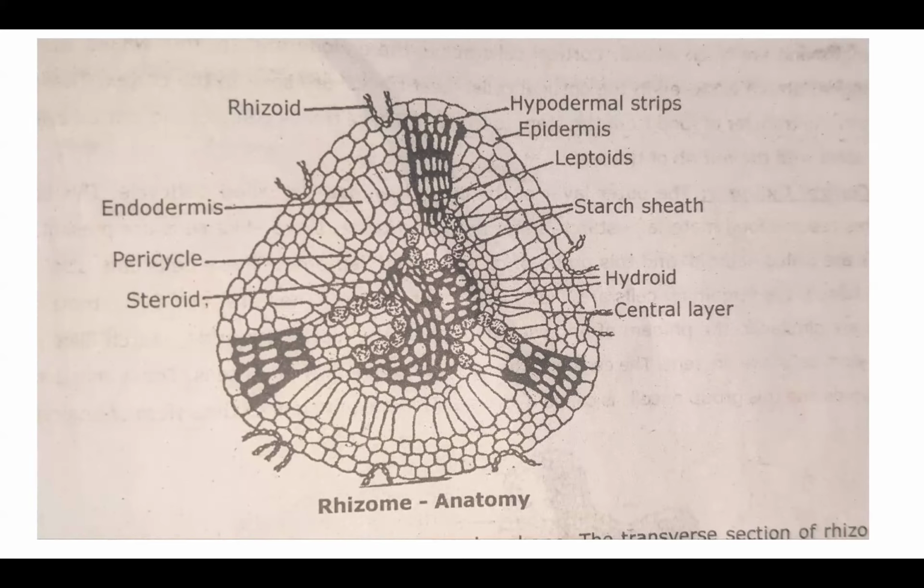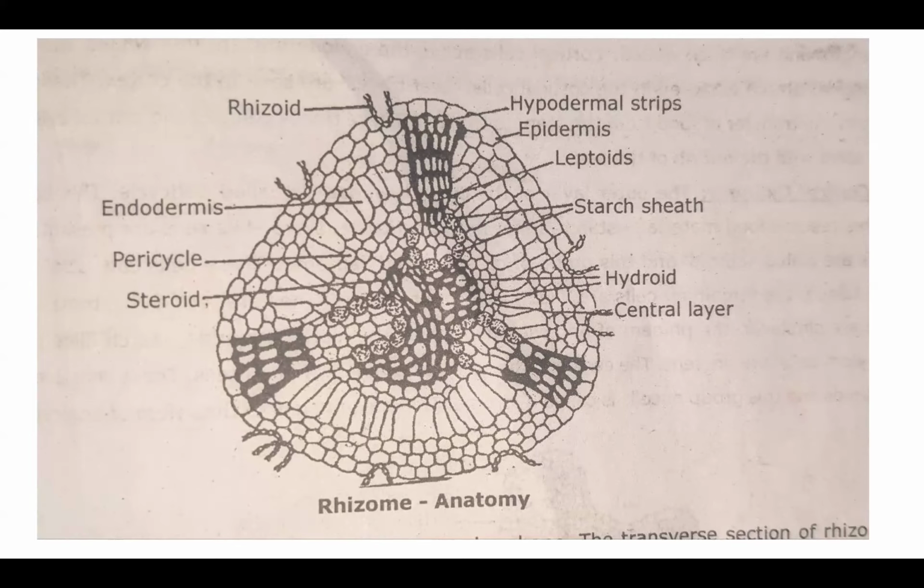Just beside the hypodermis, you are also able to see the endodermis. Hypodermis extends inside the endodermis up to the pericycle. Inside the endodermis you see a single layered pericycle. From the pericycle onwards, that is the stelar region.